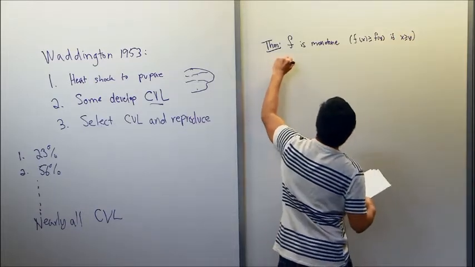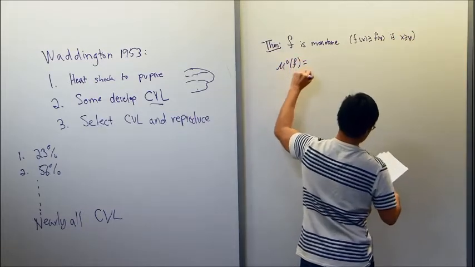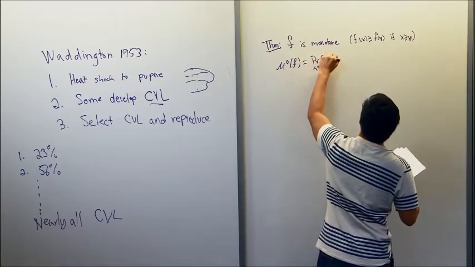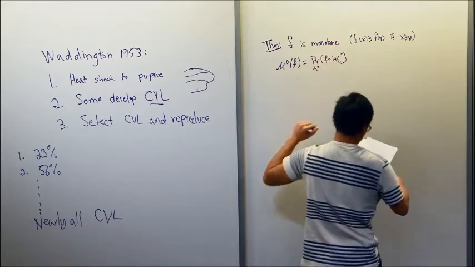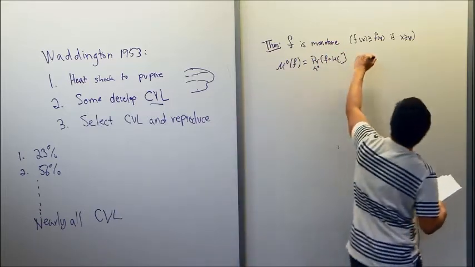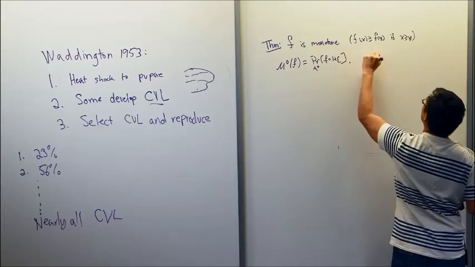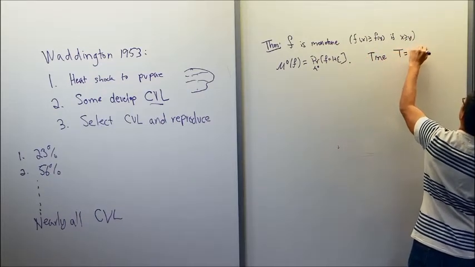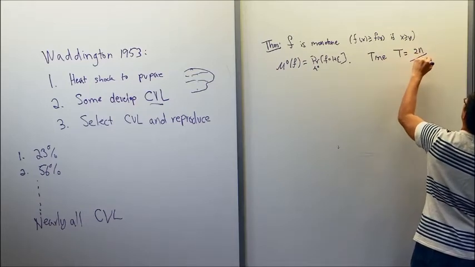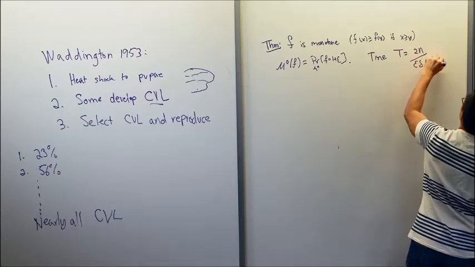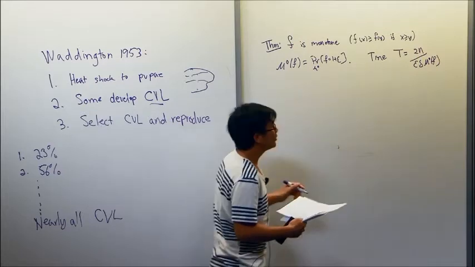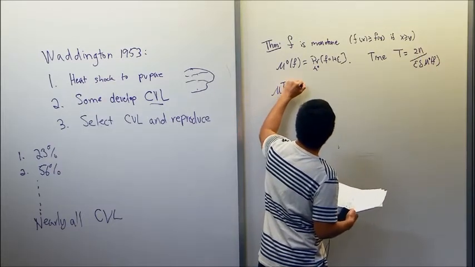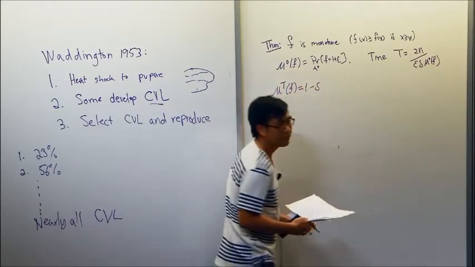And if the starting probability is this, then in linear time, after this many generations, the probability that f is satisfied is very close to 1.